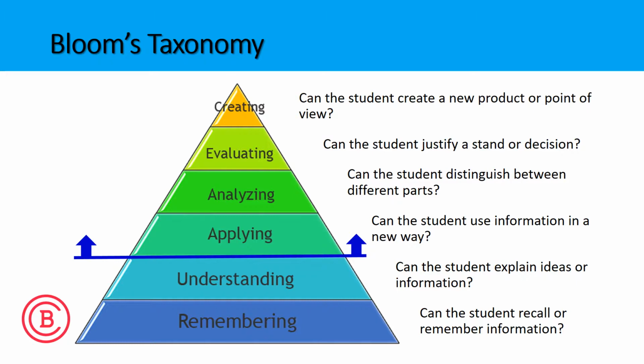Therefore, any student can be held to this level of learning. We don't have to wait until our students are sophomores in college to expect them to be at the applying level. Conversely, there are times when it is appropriate to have students operating only at the remembering level. It is dependent on the course and the goals of the course.